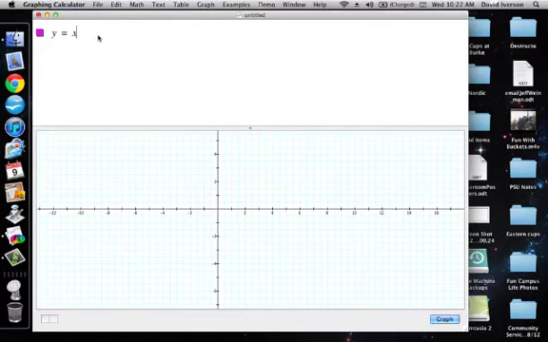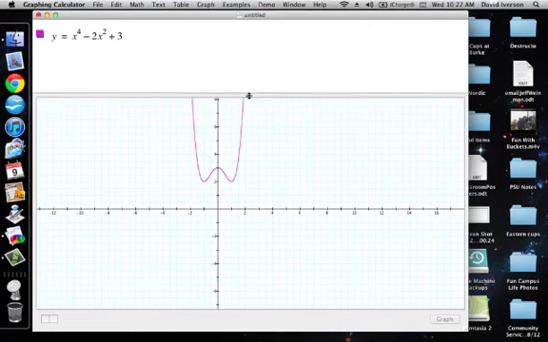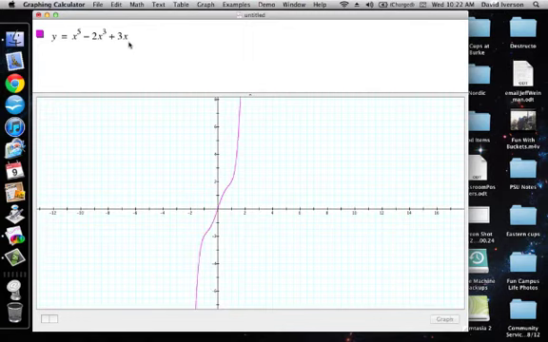So if I go x to the 4th minus 2x squared plus 3, that's an even minus an even plus an even should be even, and it is even. And if I change that, let's make it x to the 5th, 3x to the 3rd, x, odd, odd, odd, and that also gives me an odd function.